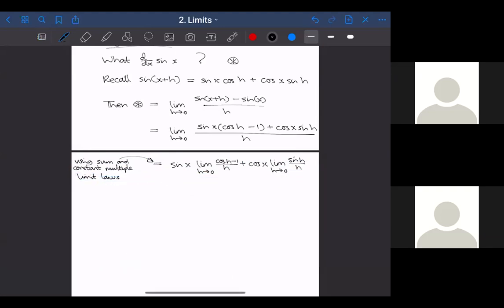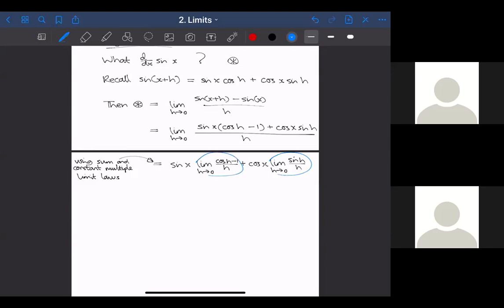And then, can I evaluate these limits? Well, sine h over h, we talked a lot about what the limit is there. The limit is 1, and cos h minus 1 over h, I can't remember if we calculated this exactly, but you can calculate it in the same way using the sandwich rule.